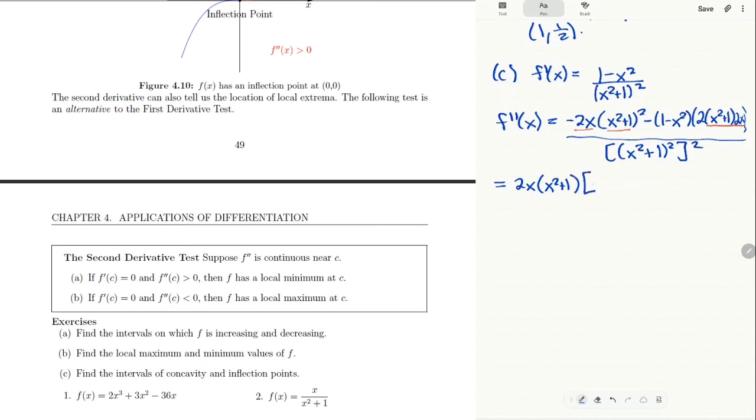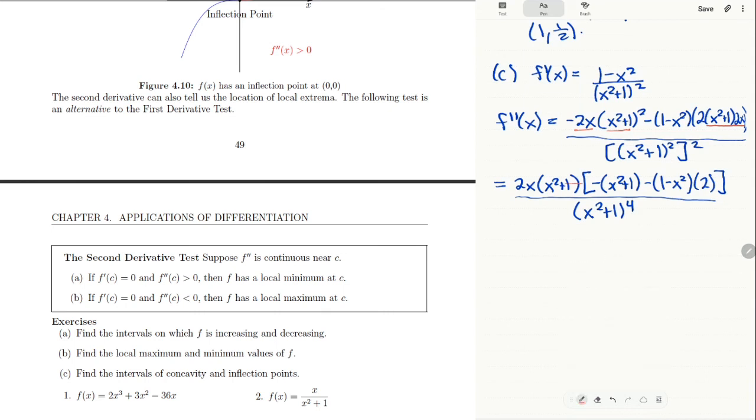And we are left with a negative x squared plus 1 from the first term, and minus 1 minus x squared times 2 from the second term. And that's all over x squared plus 1 squared to the power of 2, which can be simplified to x squared plus 1 to the power of 4.